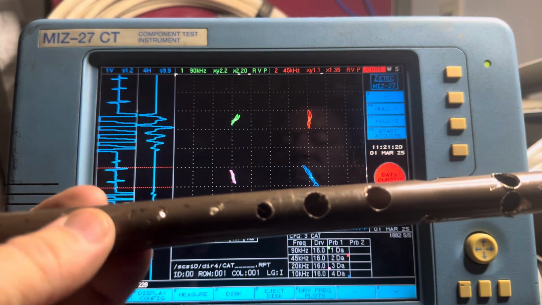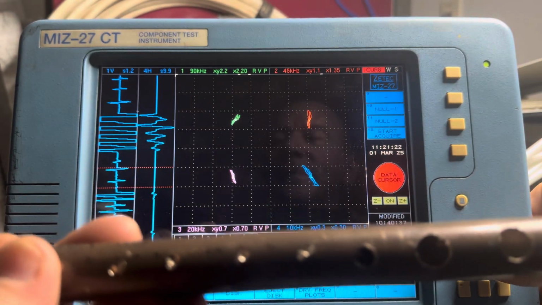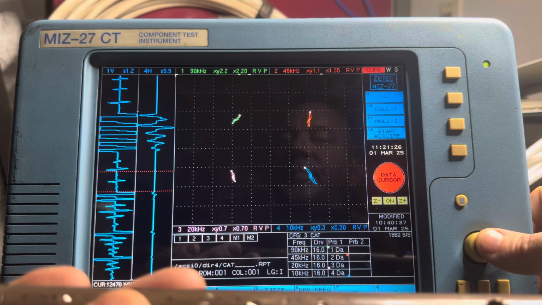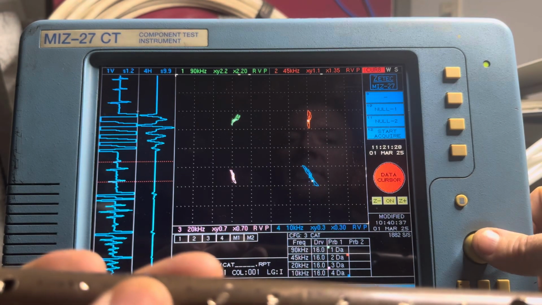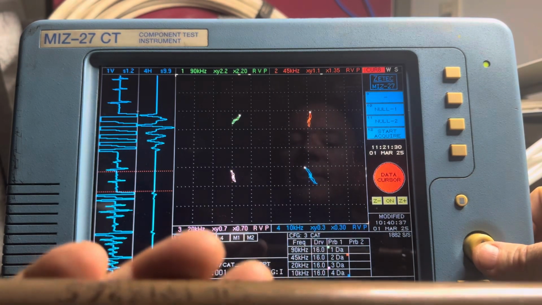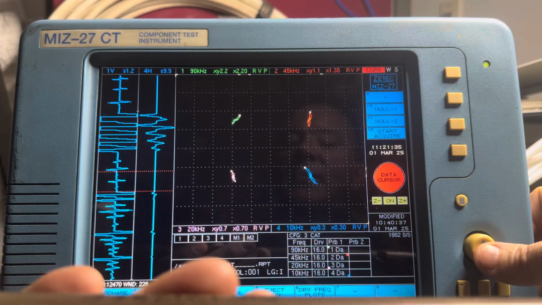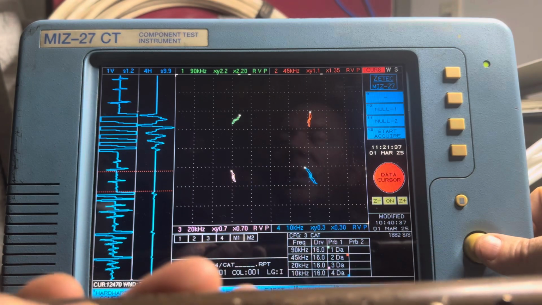So I got 1, 2, 3, 4, 5, 6. Six little guys. A lot of these, maybe some of them are too shallow that they're not showing up well. Oh, I see what happened.